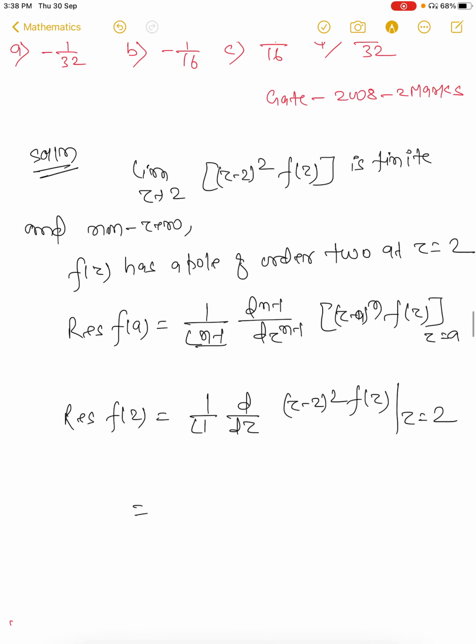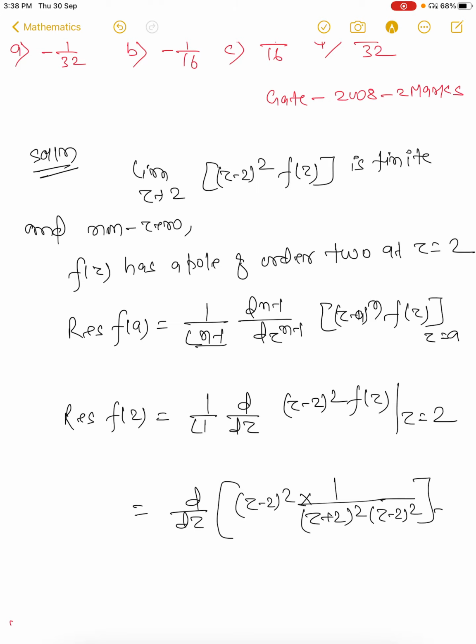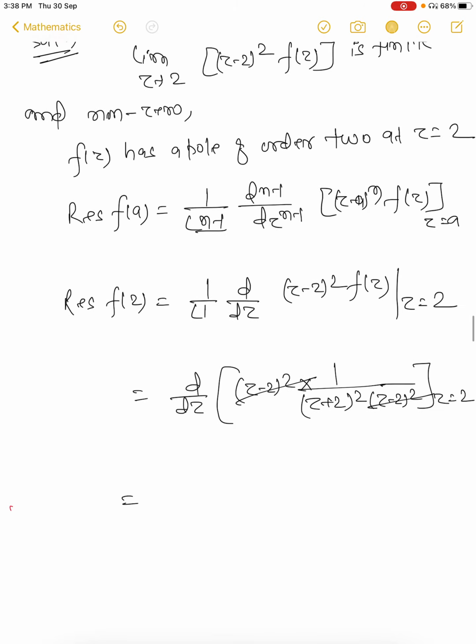So what will happen? d upon dz of (z minus 2) whole square into f(z), which is (z plus 2) whole square, z minus 2 whole square.